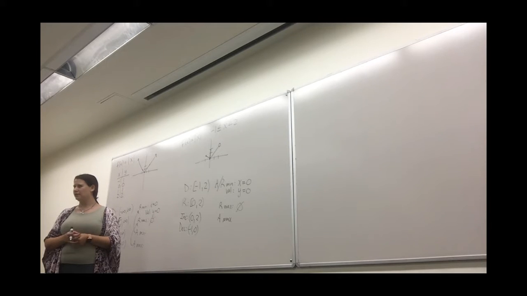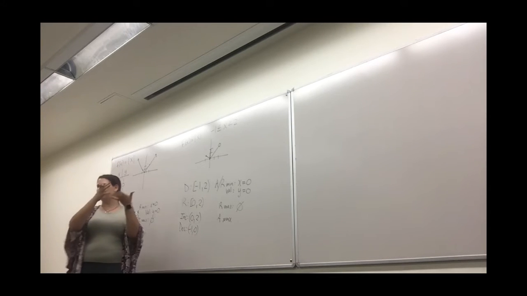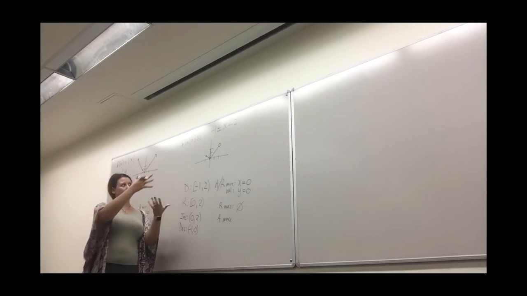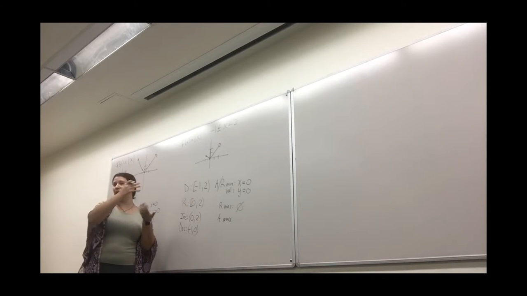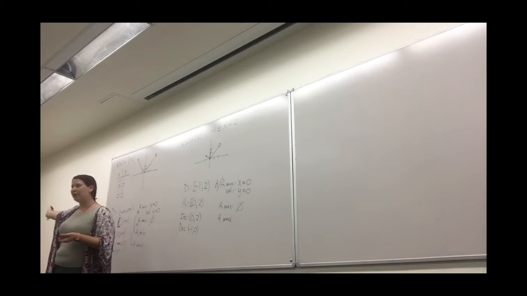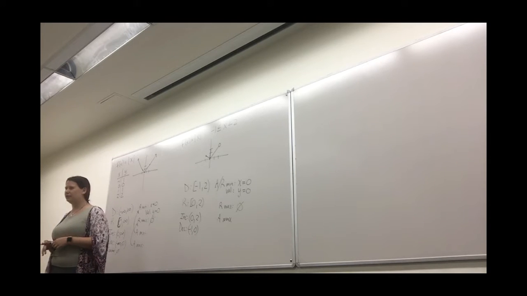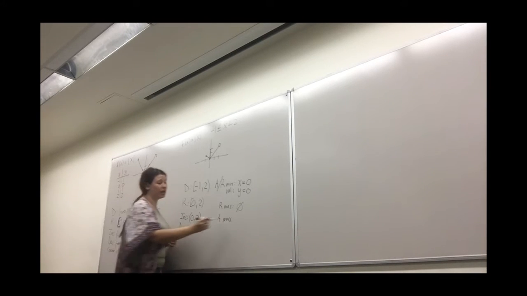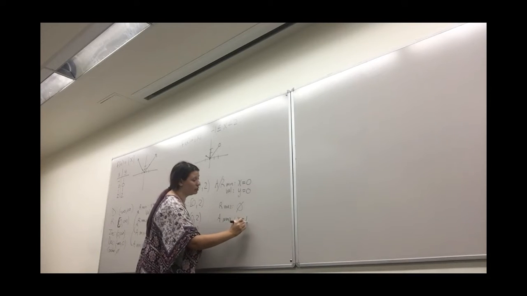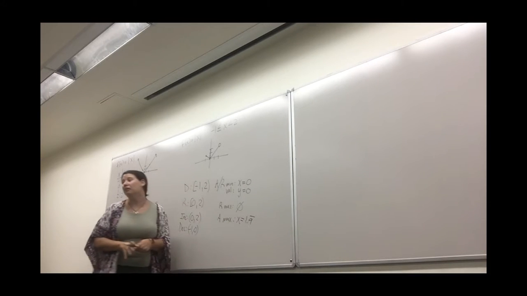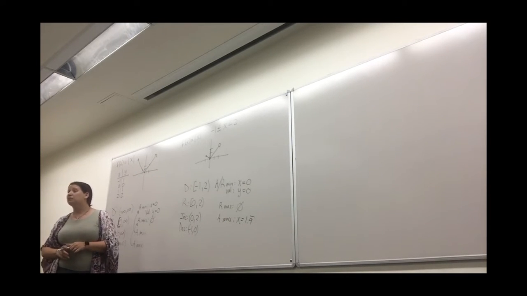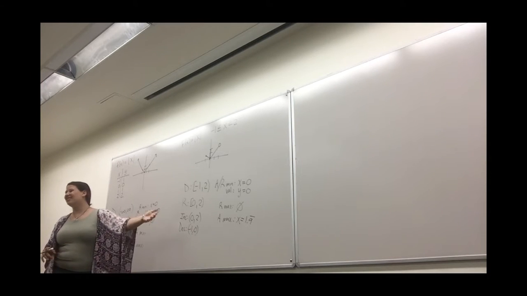Because it's an open circle at the topmost point, we can't write down right before it. It's not 1.9, it's 1.999 forever repeating. So we could say that it's at x equals 1.9 repeating. That's quantifiable. It's just not nice looking.